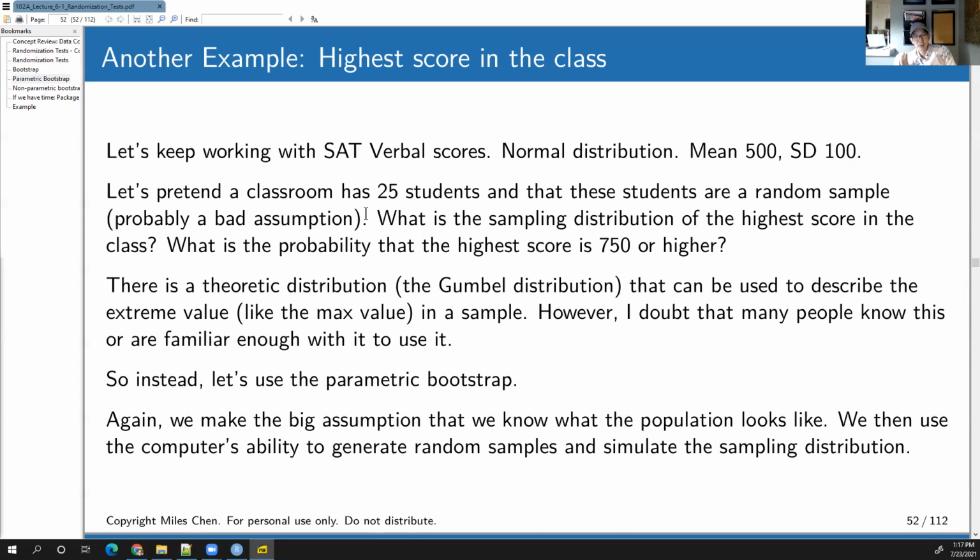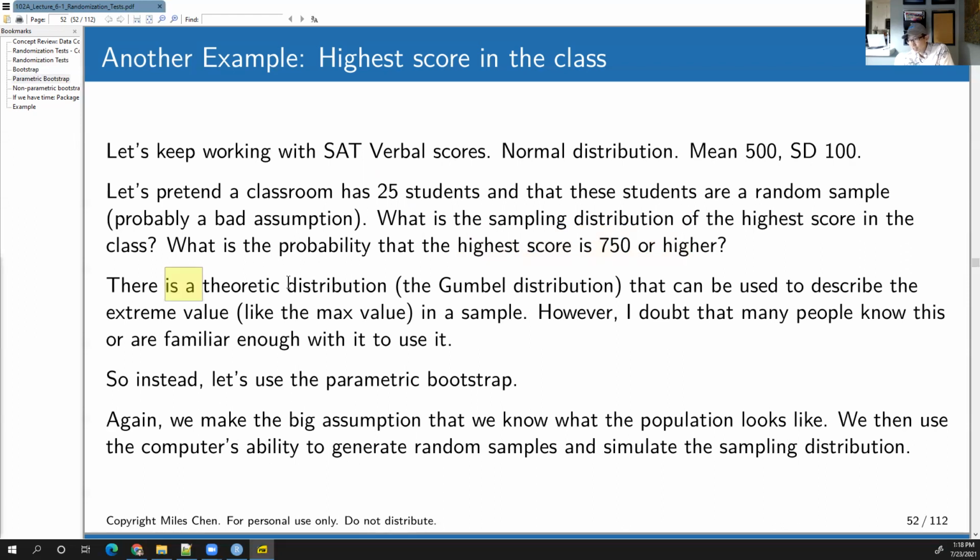If you have a group of 25 random students and you ask who scored the highest on the SAT verbal, what would be the distribution there? What's the probability that the highest score in that classroom is going to be 750 or higher?